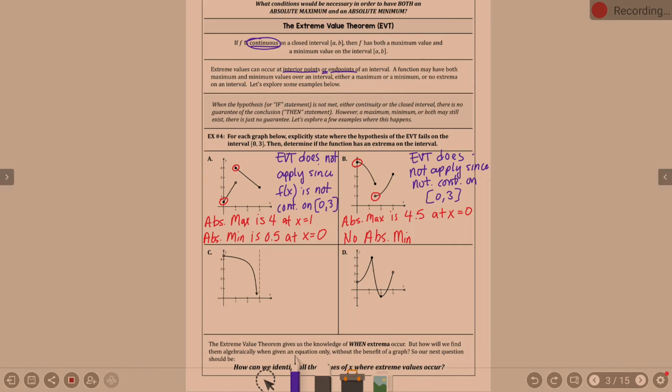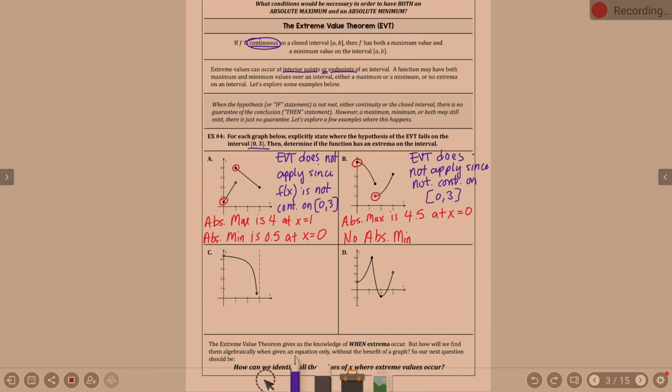Does EVT apply on the closed interval 0 to 3? Maybe. Okay, so the graph, for all basics' sake, appears continuous, yes?